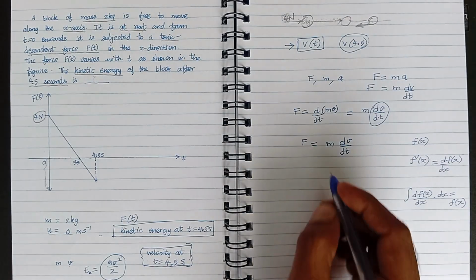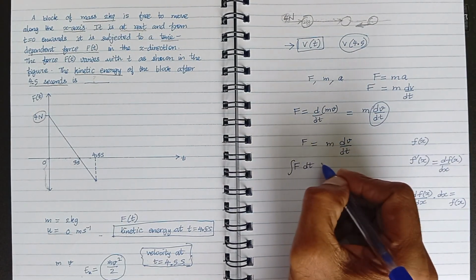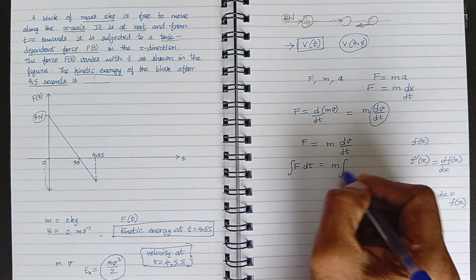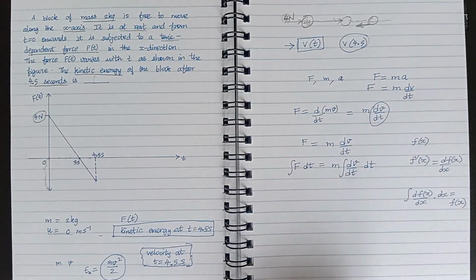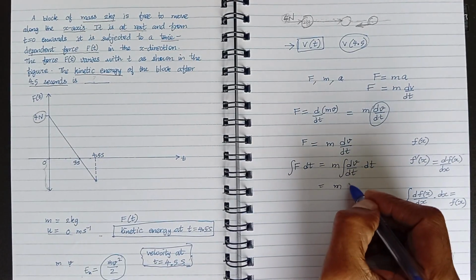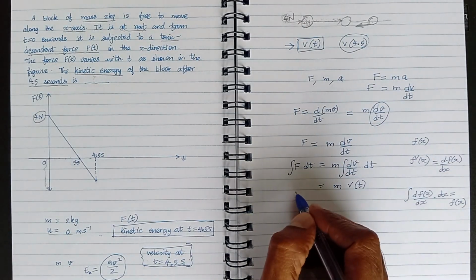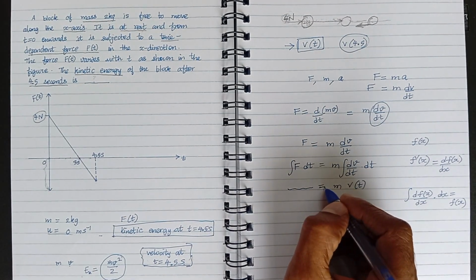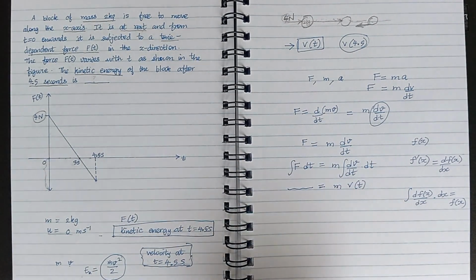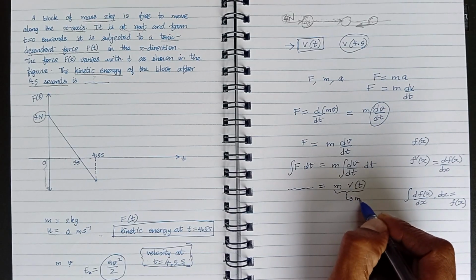So likewise here, if you integrate on both the sides with respect to t dv by dt, we are going to get on the right hand side velocity as a function of time. Okay, and on the left hand side you will get some function of time, right? And you can see this mass times velocity is nothing but the momentum.